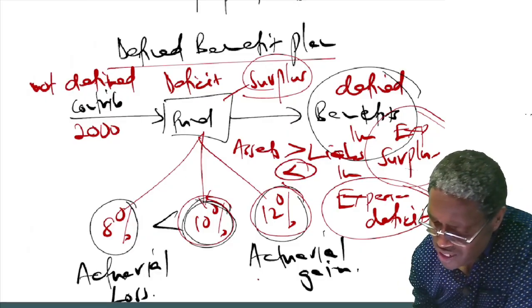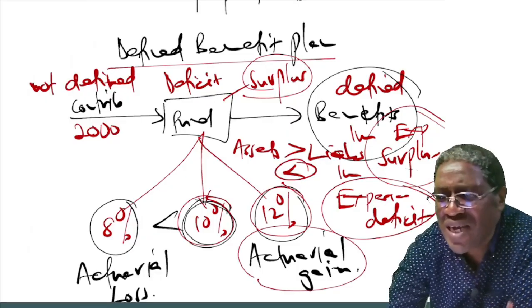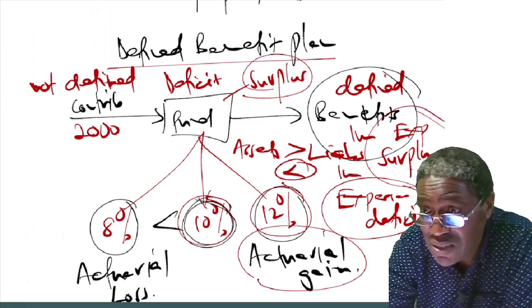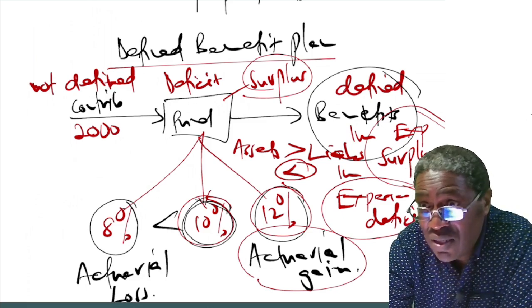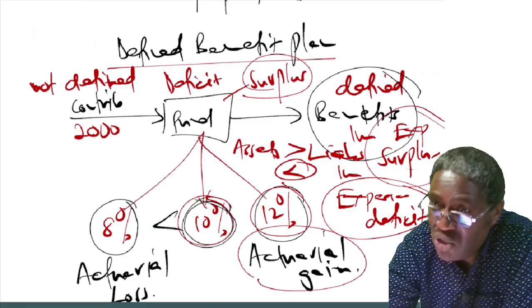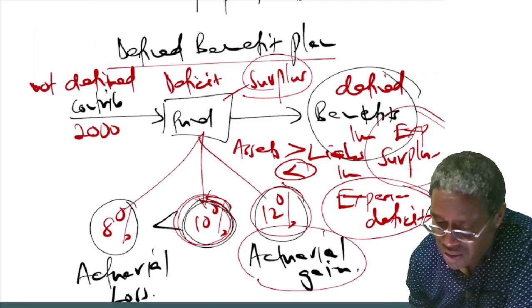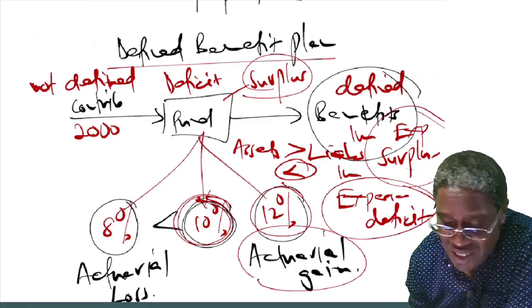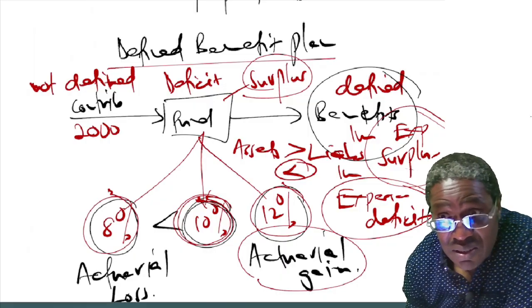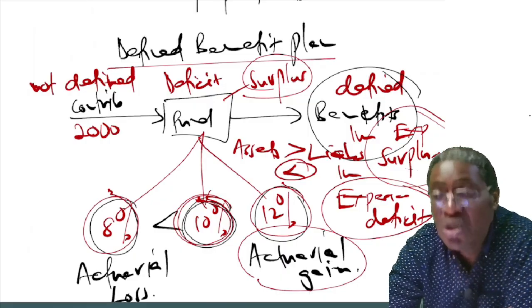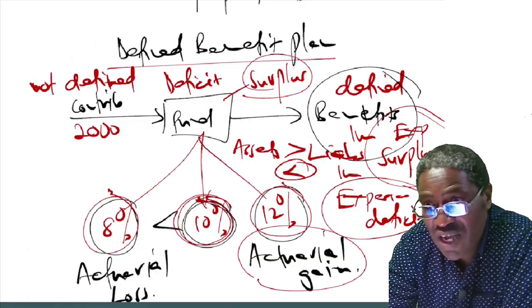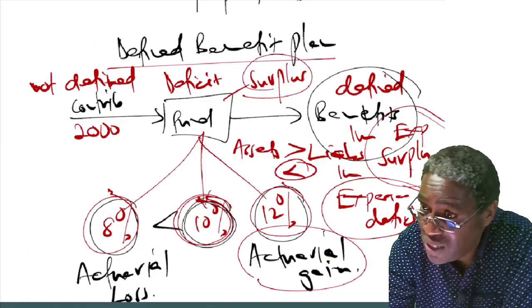So an actual gain, in other words, will automatically lead to your fund having a surplus. I also told you, you projected a return of 10%, but now you're earning 8%. Your fund has an actual loss, where the actual earnings are less than the projected earnings.